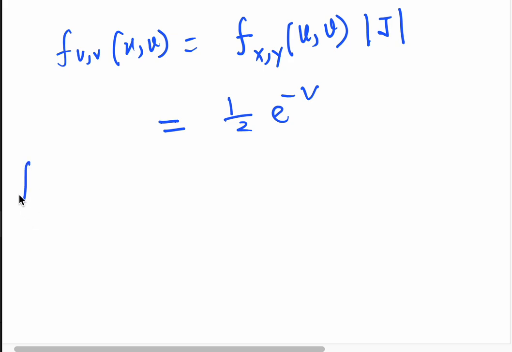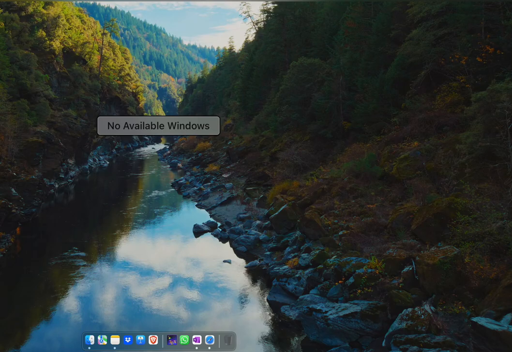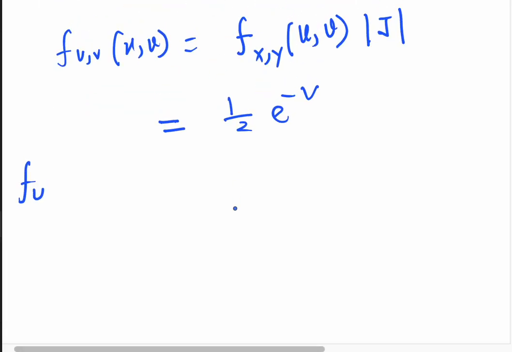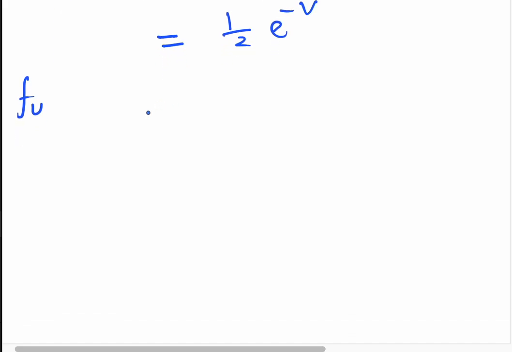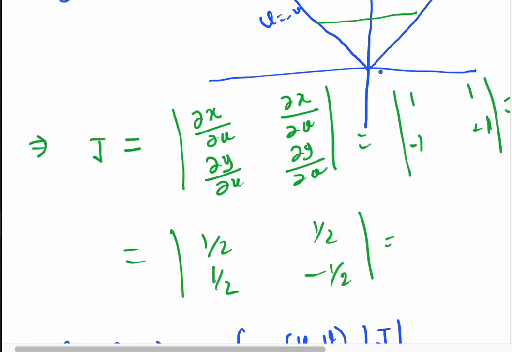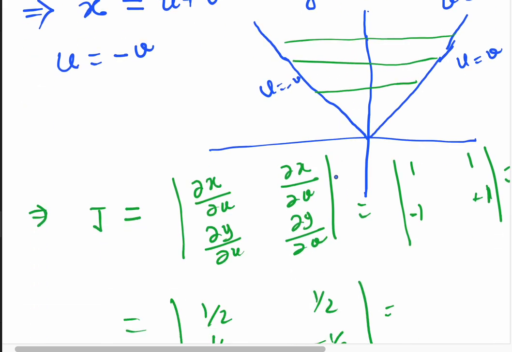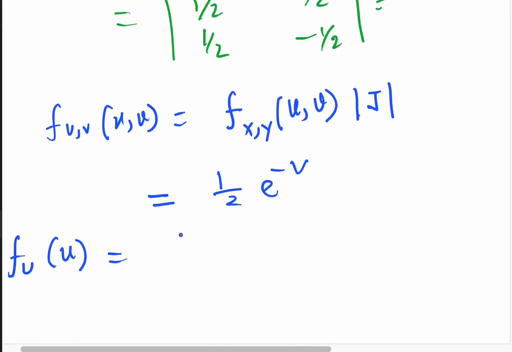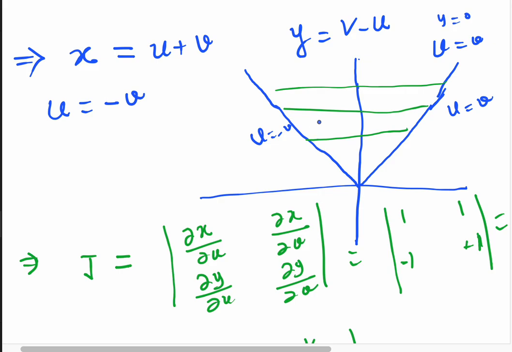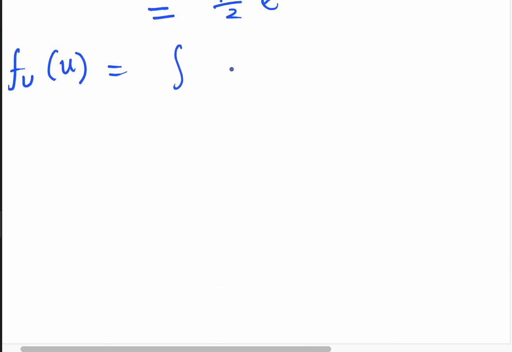Now let's find the marginal distribution of u. Does anyone have a comment? No comment yet. Okay, so the distribution f of u, if u is in the negative region, we have to integrate out v.